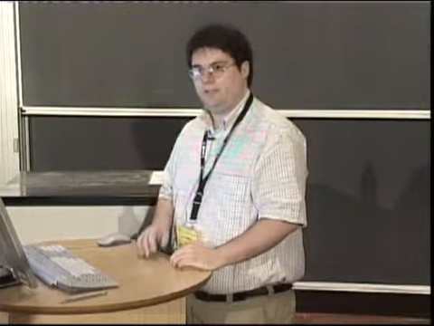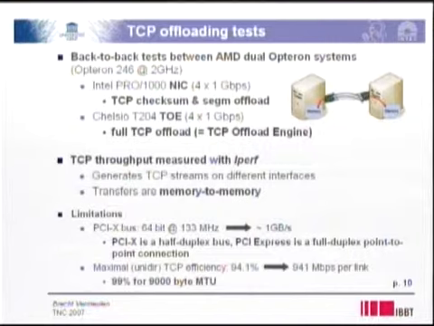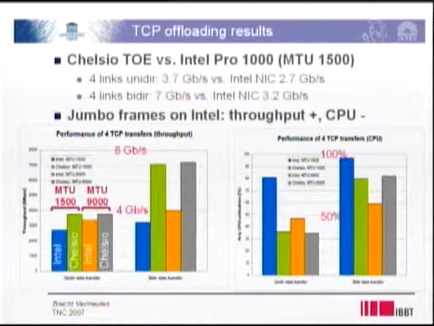Recent PCI Express is of course better, as it is a point-to-point communication over the motherboard, so you don't have the shared bus principle. The maximum TCP throughput you can reach theoretically with normal MTU frames is 941 megabits per second. And of course, if you increase the MTU to jumbo frames, you reach a more efficient communication.